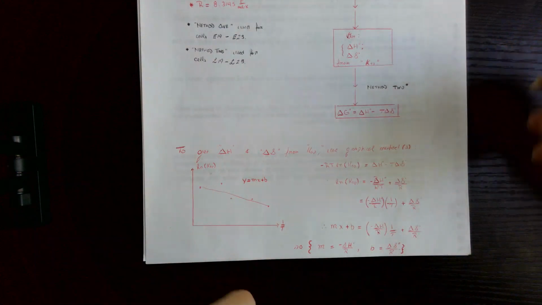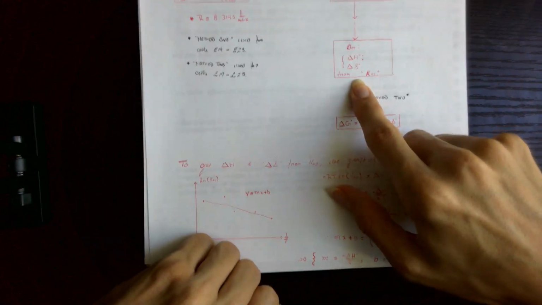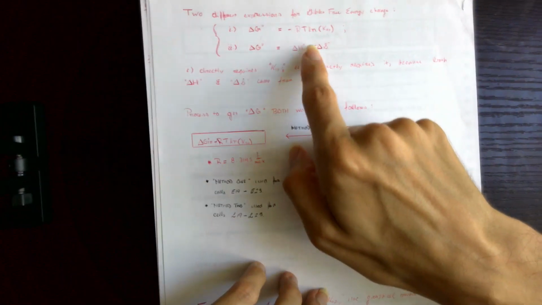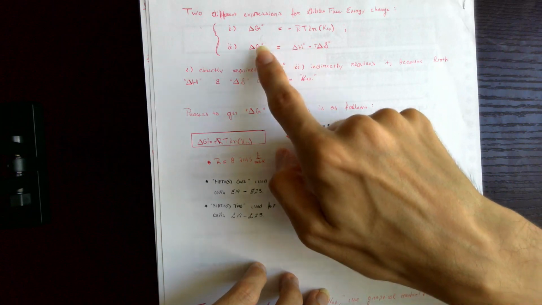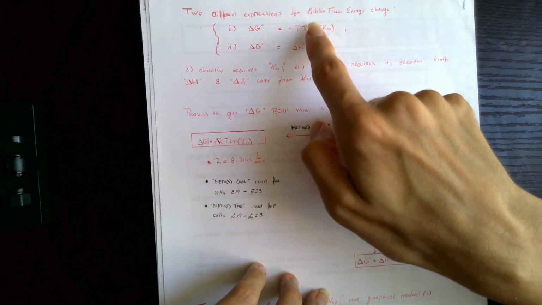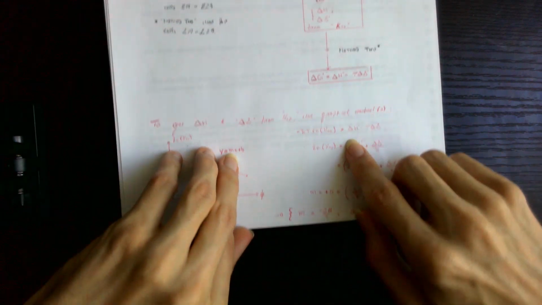Now, to get delta H and delta S from this graph, you have to realize that since both of these expressions are equal to the same thing, i.e. delta G, I can set these two expressions equal to one another. And that is what I have done right here.